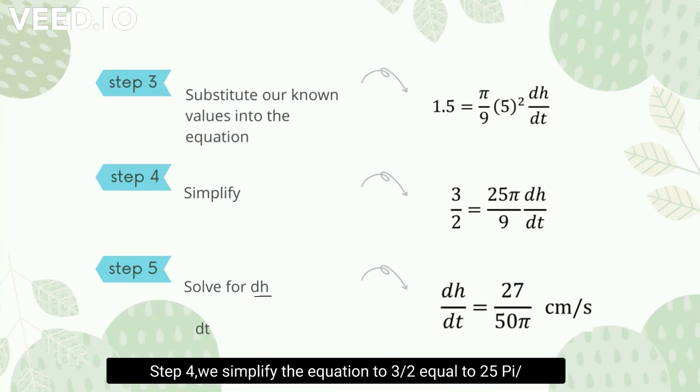Step 4, we simplify the equation to 3 over 2 equals 25 pi over 9 dh over dt to make it easy to solve. And that is the final step we have to do. It is to solve for dh over dt. We'll get 27 over 50 pi cm per second.